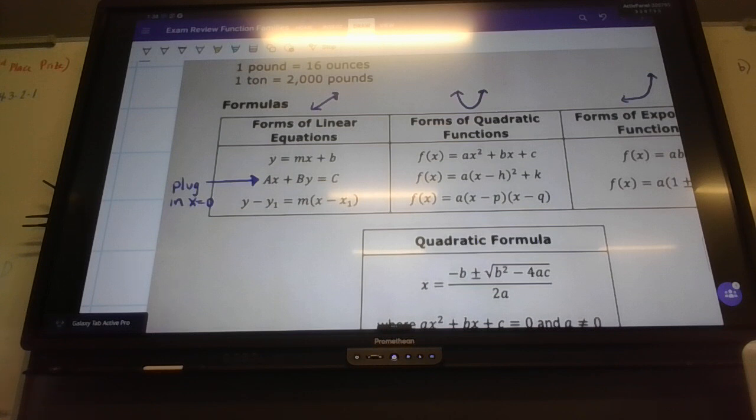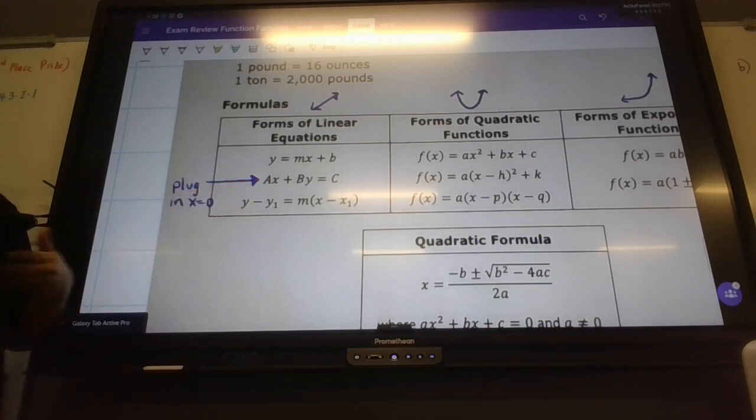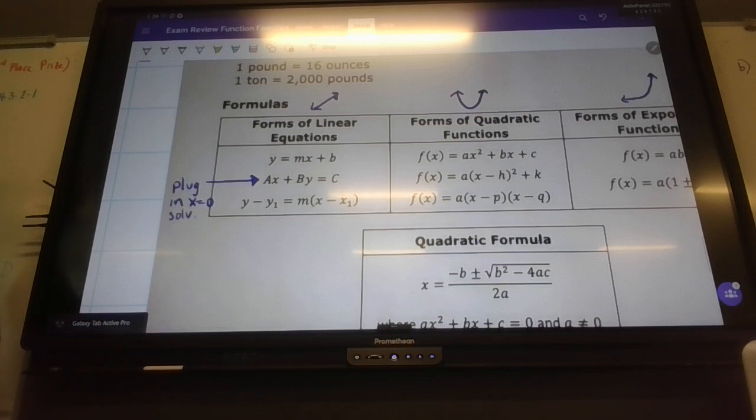But the more you read it, I mean, most people don't even read the reference sheet on the exam. So if we show it to you now, then you'll know when you have a question if it'll be helpful. So in this form, remember to make a graph, you plug in x equals 0, solve, and then you plug in y equals 0 and solve. That standard form is the one where you use the intercepts.